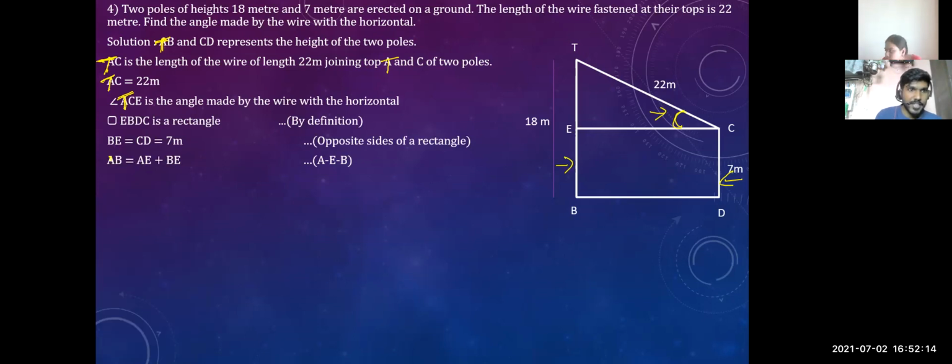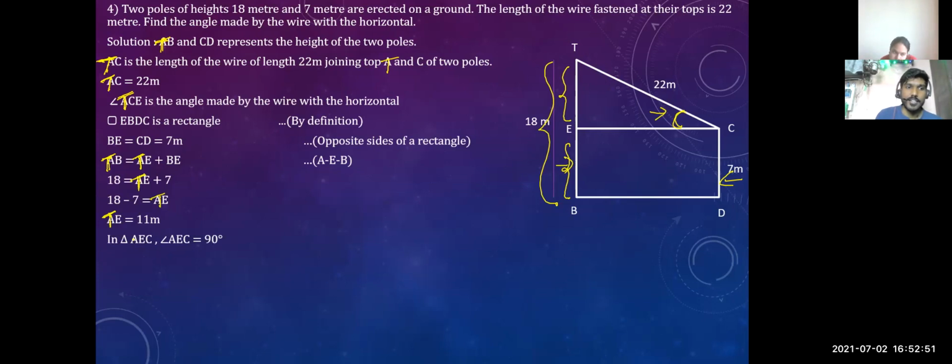TB is equal to TE plus EB, that is this entire thing. So 18 is equal to TE plus 7. Taking 7 to the other side, 18 minus 7 is equal to TE. That is how you get TE to be 11 meters.